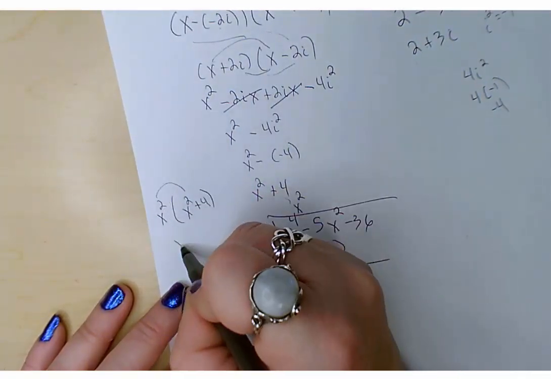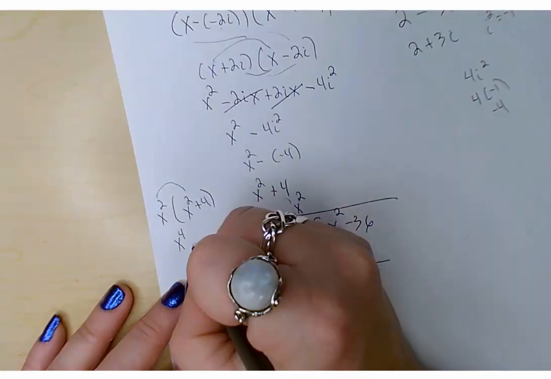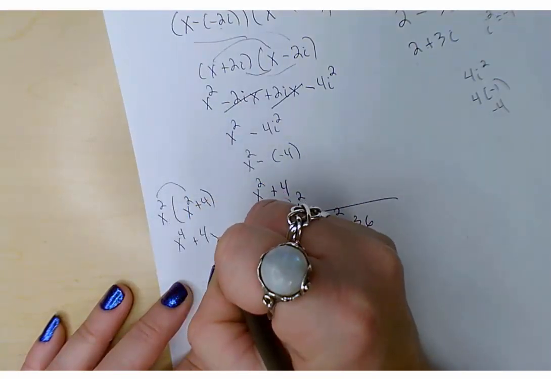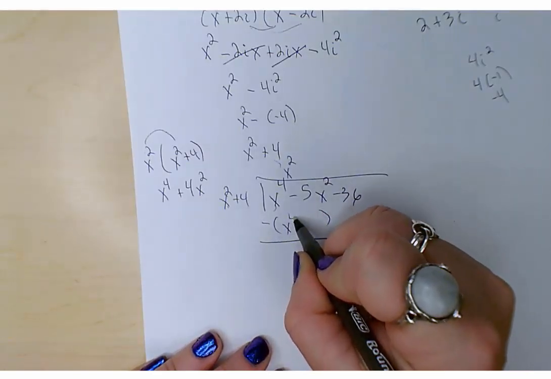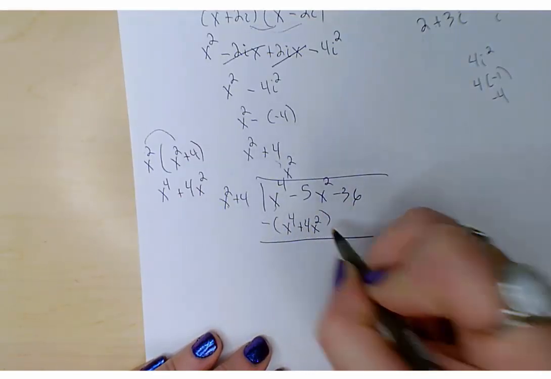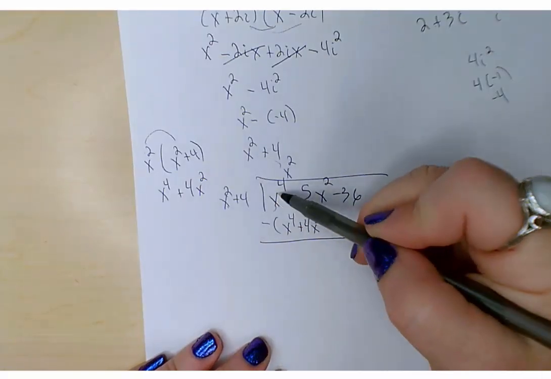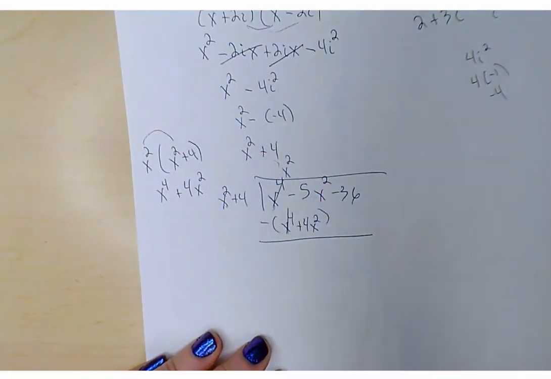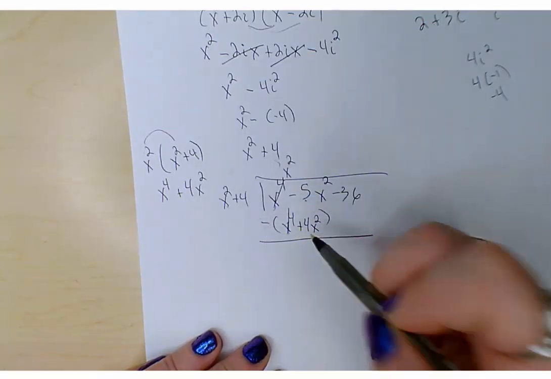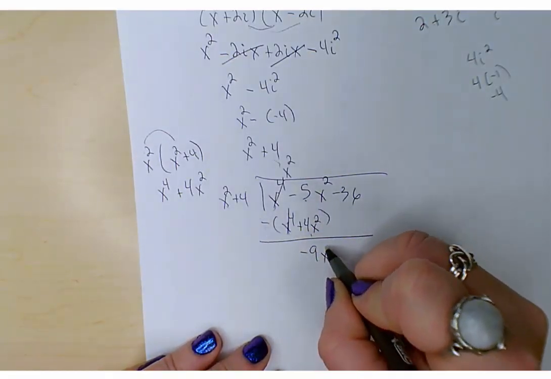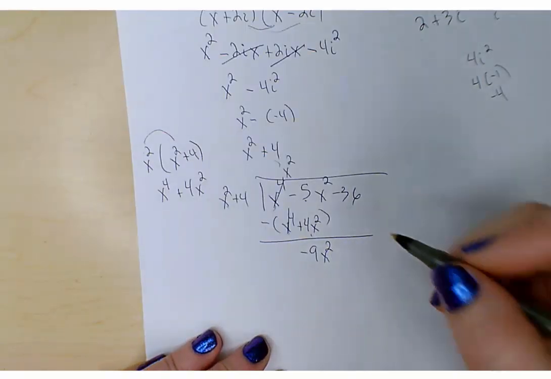Distribute this. X squared times x squared is x to the 4th plus 4x squared. That is what's going to go in here for us to subtract away. Subtract this away. X to the 4th minus x to the 4th disappears. Negative 5x squared minus 4x squared is a negative 9x squared. Be careful with your signs there.